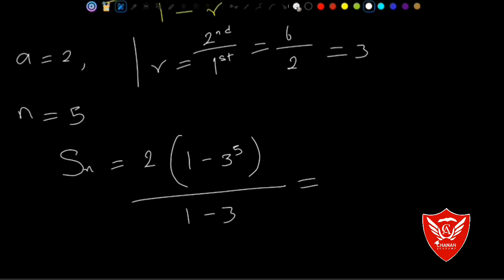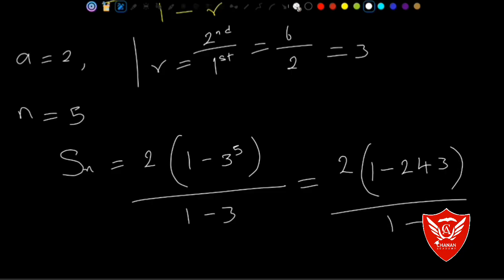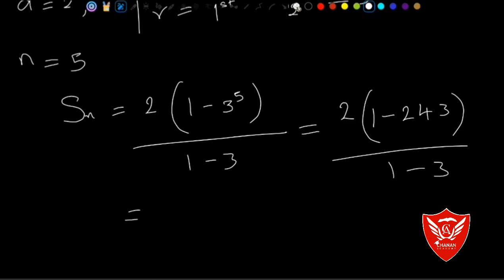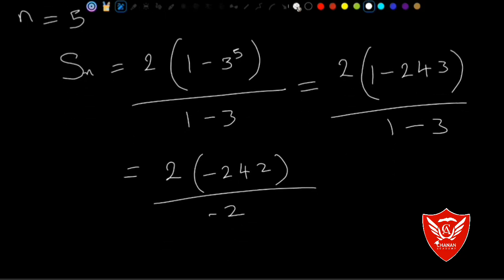And this is going to give us 2 bracket 1 minus 243 all in bracket over 1 minus 3. And this is going to be equal to 2 times minus 242 all over minus 2.